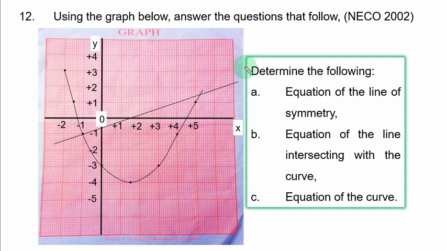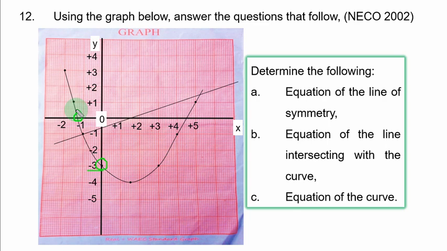Before we continue, this is the intercept of the curve at the y-axis, where the curve cuts the y-axis, and that point is -3. As I've said, here is one root.